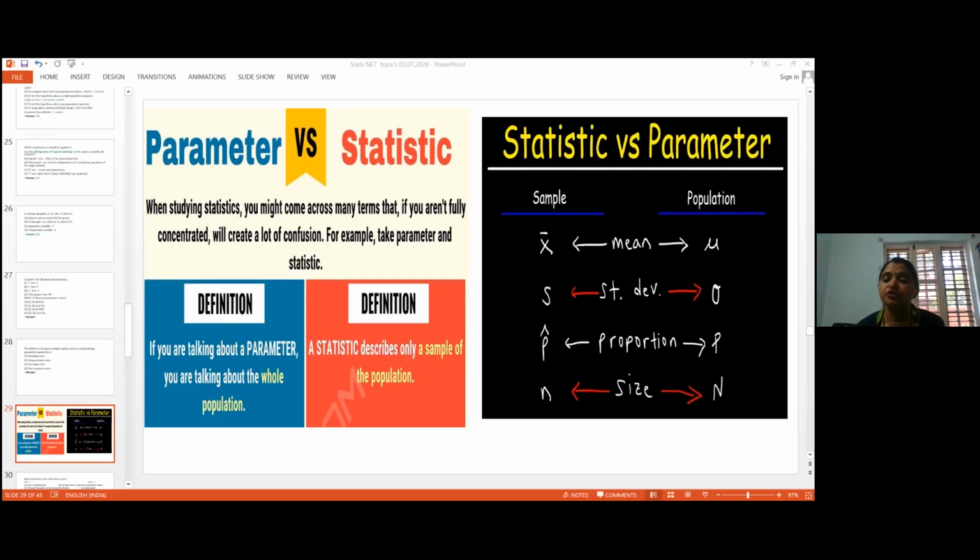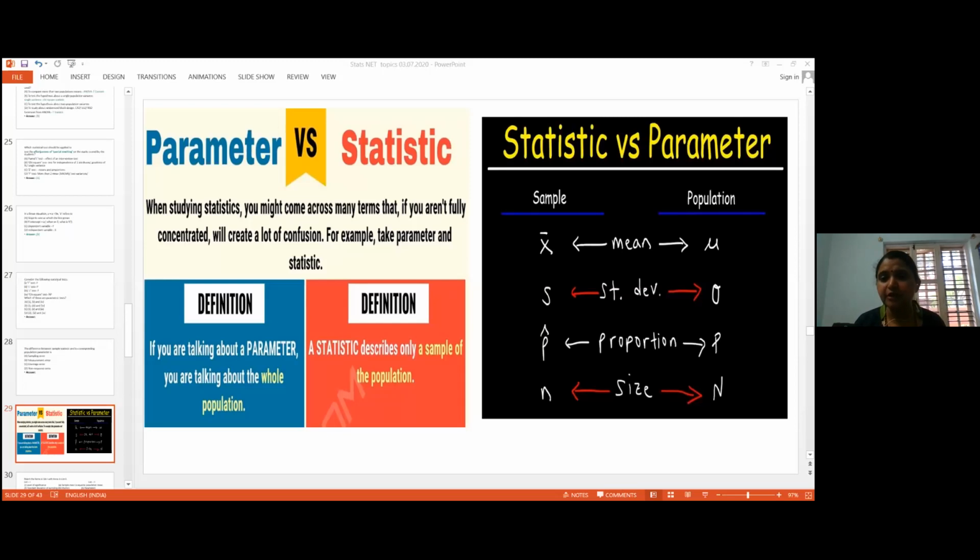Most of the time we will not be able to calculate the value of parameters. Hence we resort to a small sample. We collect a sample and use the corresponding function, the sample statistic. So a statistic is a corresponding function in a sample.